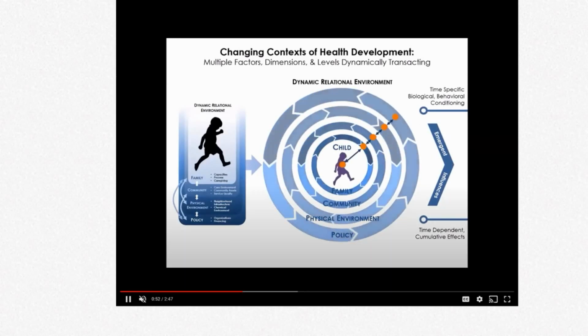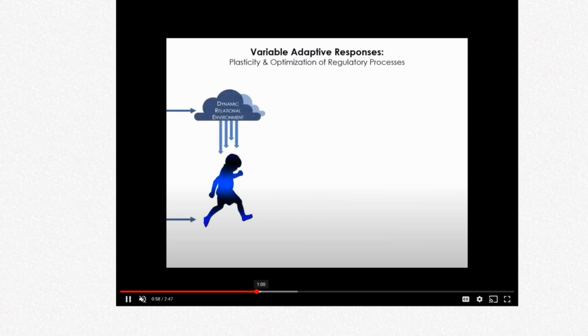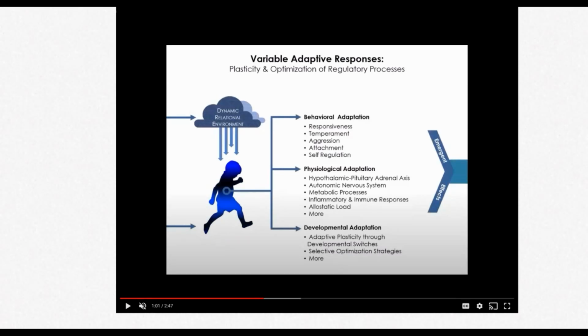And so moving on, we've already talked about the dynamic relational environment, but you also have these different adaptations that occur in response to all of these different environmental determinants. And so whenever we're talking about behavioral adaptation, we're talking about those behavioral responses, right?